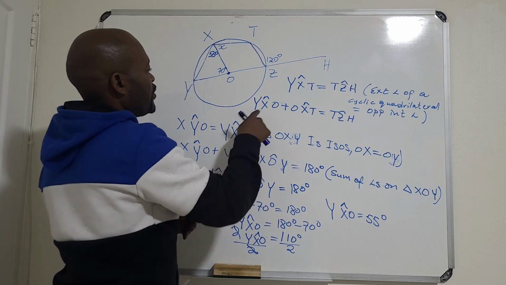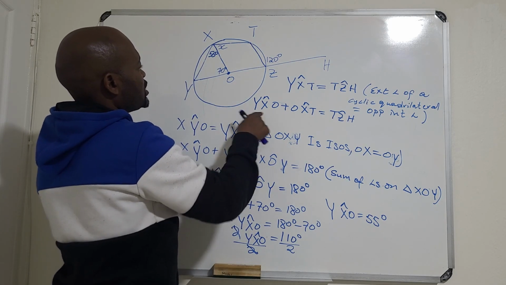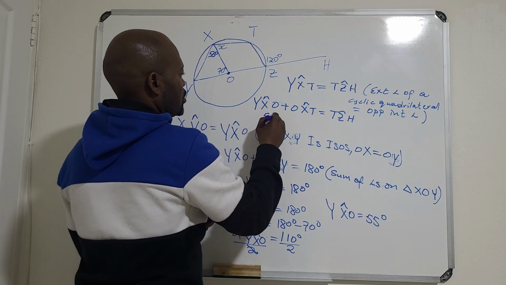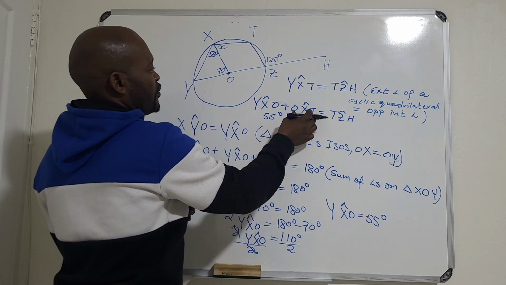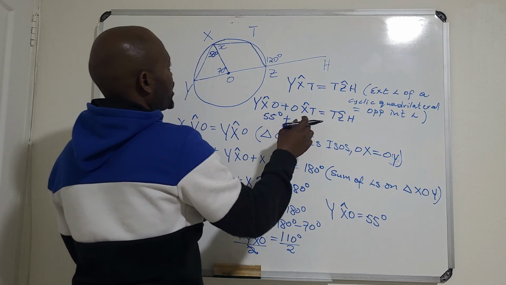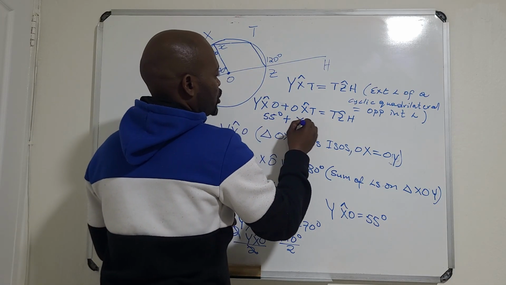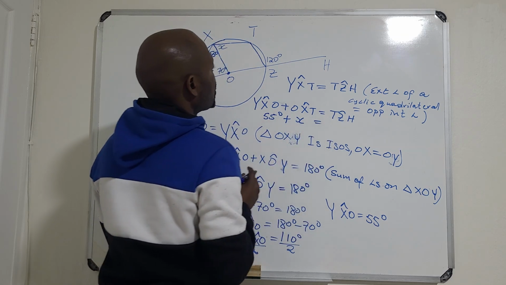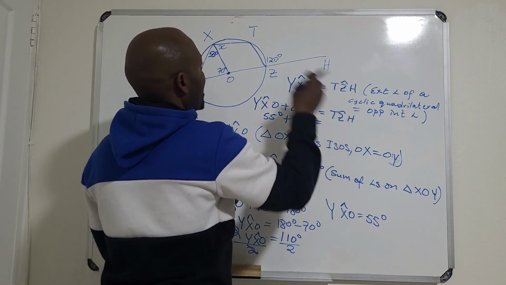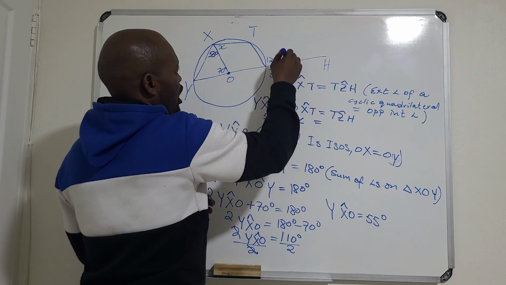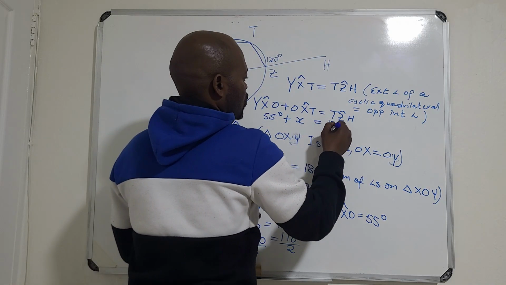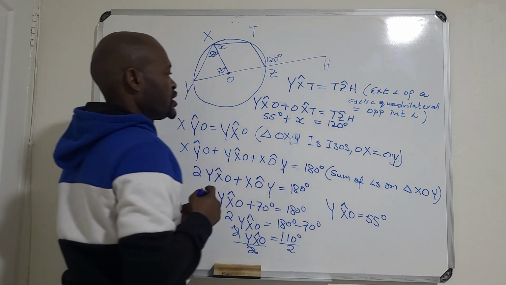Now, this angle there is 55 plus this angle there, which is x, because it's angle OXT, which is x, and this is equal to angle TZH. Angle TZH is this angle there, which is 120 degrees.